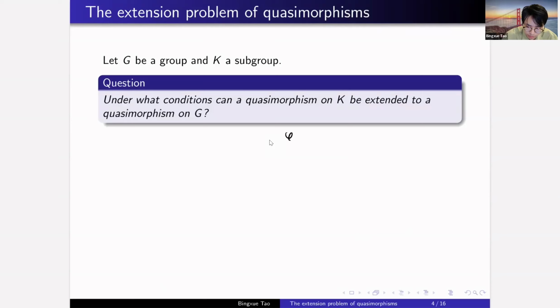So if you have a quasimorphism on K, you ask: does there exist a quasimorphism on G such that the restriction is just phi?